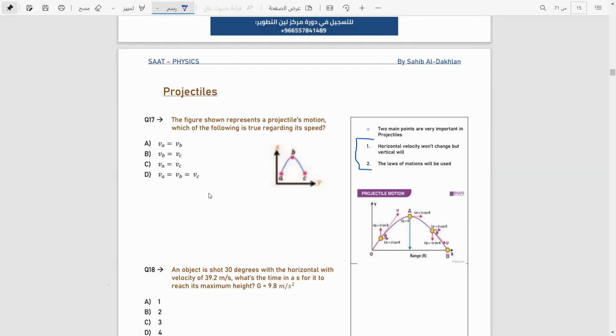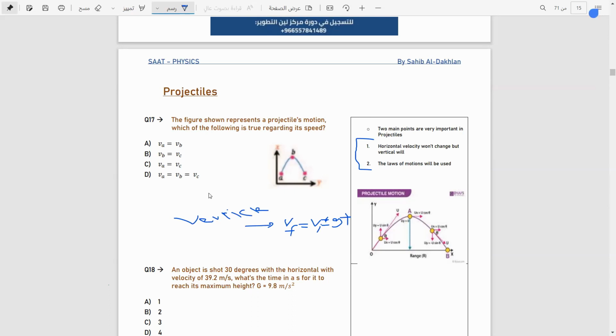The horizontal component will be constant through all the movement of the projectile. But the vertical component will change, depending on the law of motion, the same as the one we used before: Vf equals Vi, but here the acceleration is g, either plus or minus g times time, for the vertical.